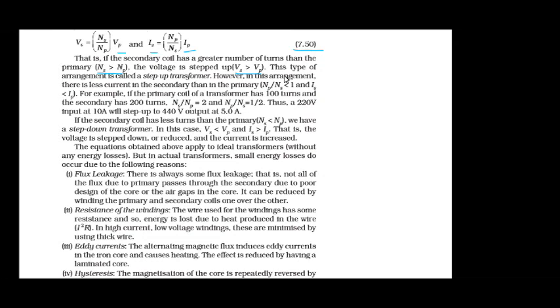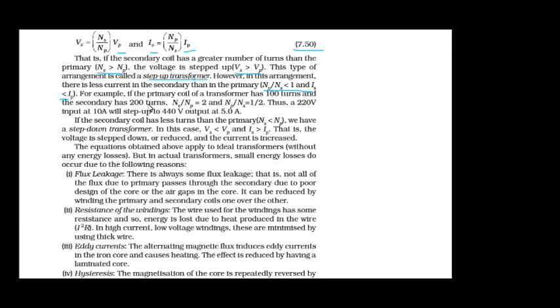This type of arrangement is called a step up transformer. However, in this arrangement, there is less current in the secondary than in the primary. Np upon Ns is less than 1, and Is is less than Ip. So these are the conditions you have to remember for a step up transformer.